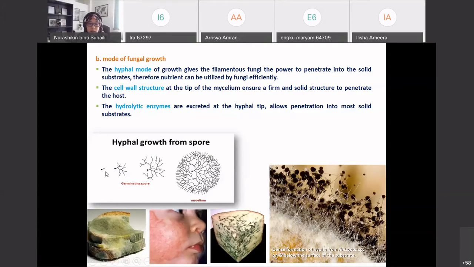Okay, so I hope that will help you to understand why fungi is more suitable and more effective to be cultivated on solid state substrate compared to bacteria. Okay, so bacteria, if you see, doesn't have those branches. It only has small dots.